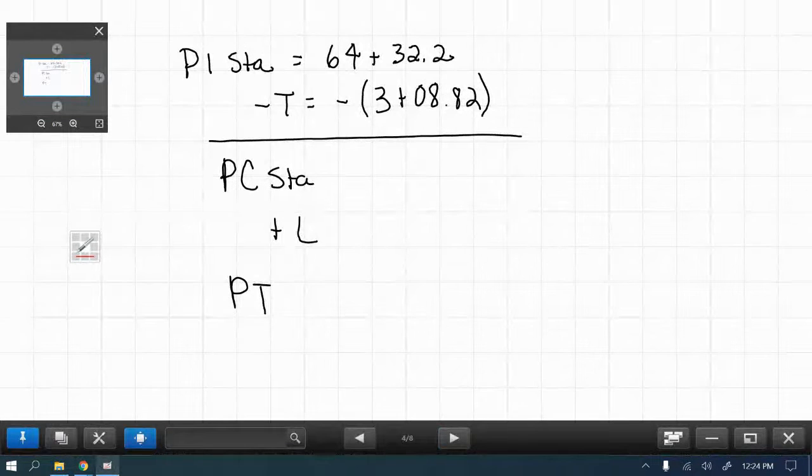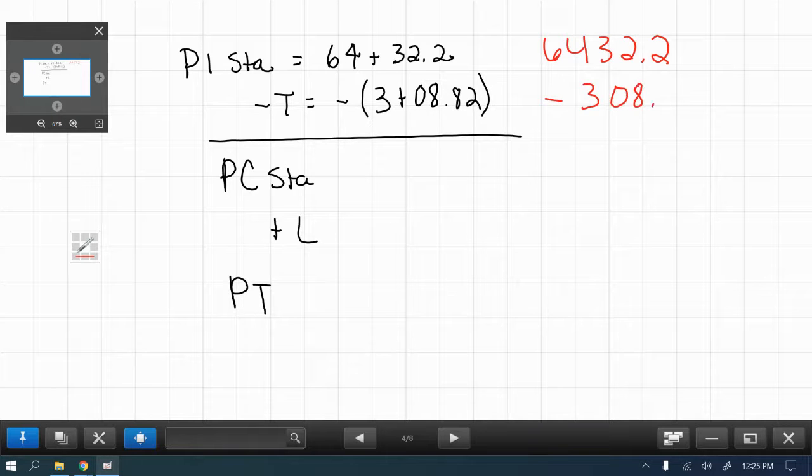Now I'm ready to get my PC station, and it'll be your PI minus T, and I'm just going to take the plus out over here. I'm going to say 6432.2, and I'm minus 308.8, and get my PC station.